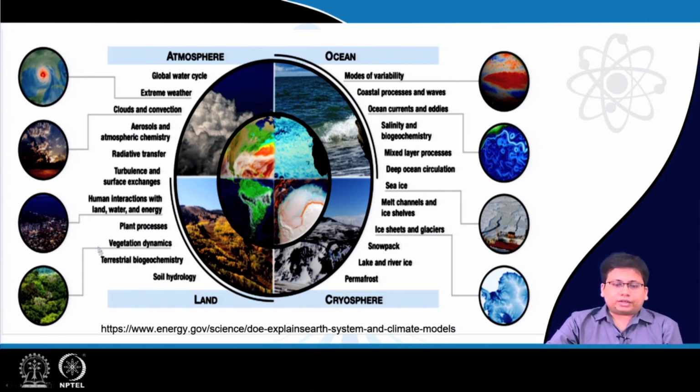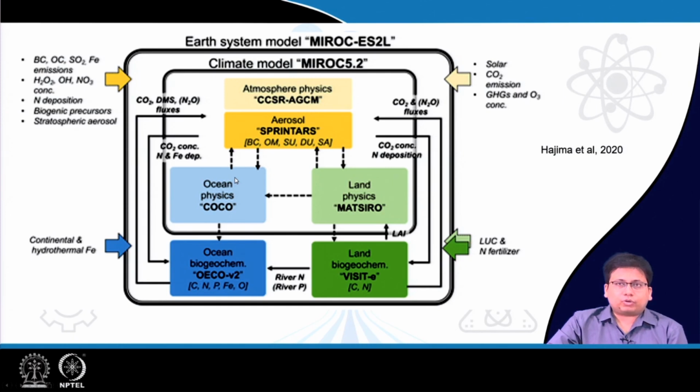Each of these themselves can be called Earth system models in their own right, but an integrated Earth system model will take all of these into account. Say for example, this MIROC ES2L. MIROC is basically the name of an agency which has brought out this model. This is supposed to be an integrated Earth system model.